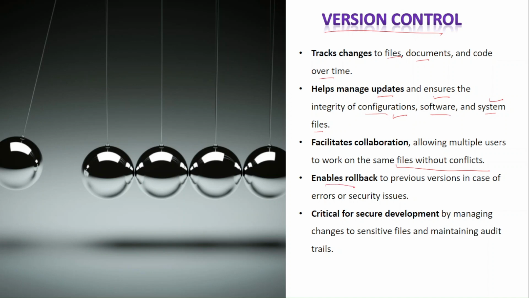It enables rollback to a previous version in case of errors or security issues. So you have multiple versions: the stable version, the alpha version, and the beta version. If there are some issues in the beta version, you can always roll back to the previous stable version. Critical for secure deployment by managing changes to sensitive files and maintaining audit trails.